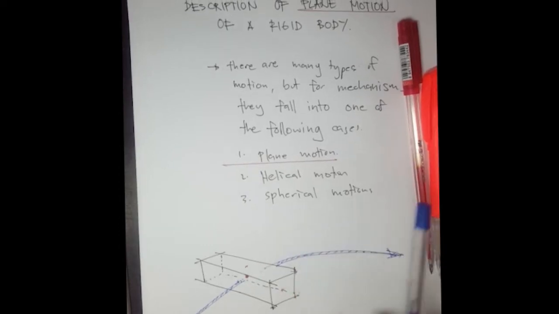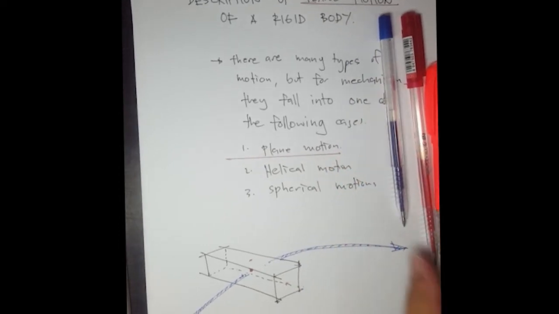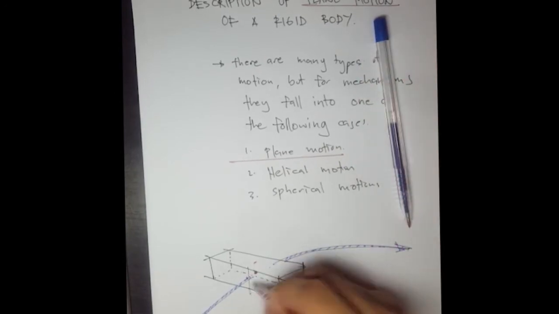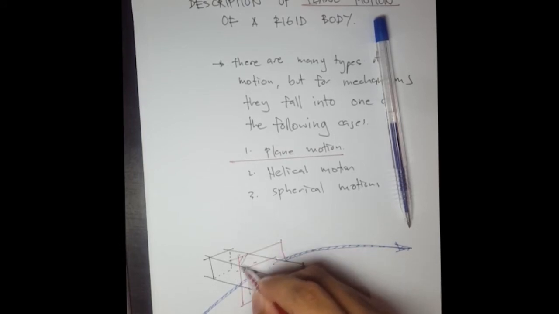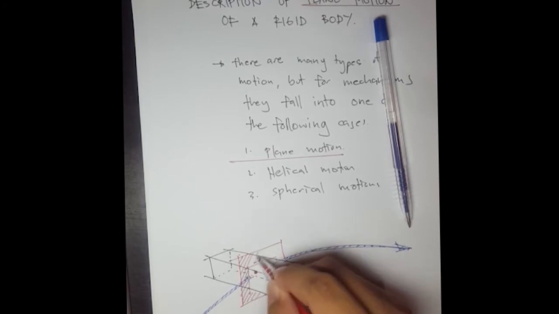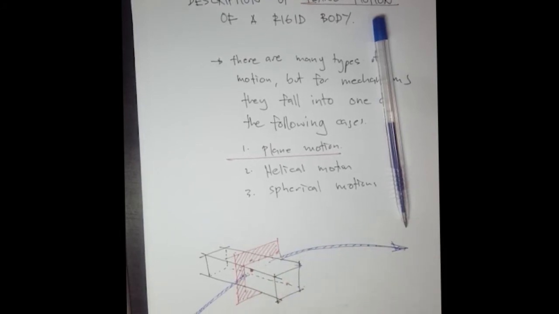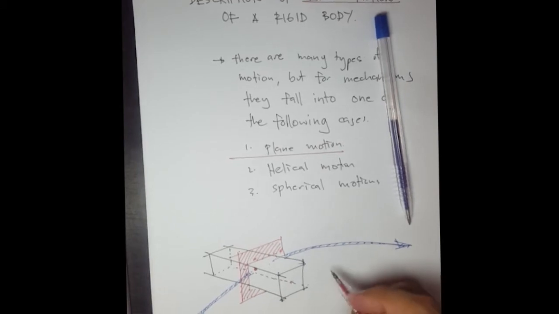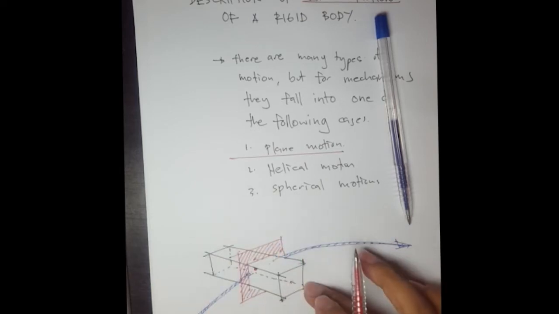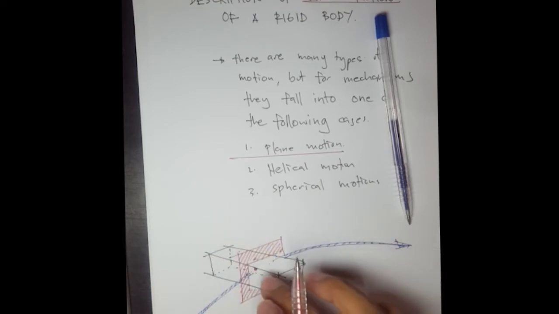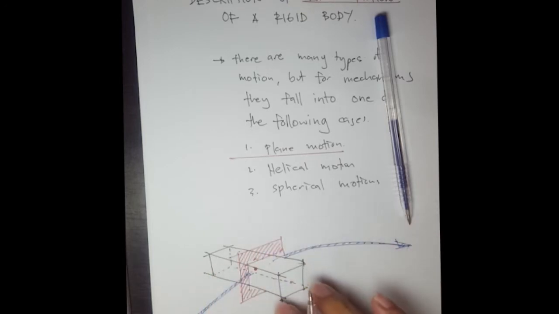Let's say this is the path of motion. Then what it's saying is that we can analyze this as a plane. For example, this is the first plane that we have, and this plane represents all the points here, that all the points here move in the same way as the points that lie in these planes.